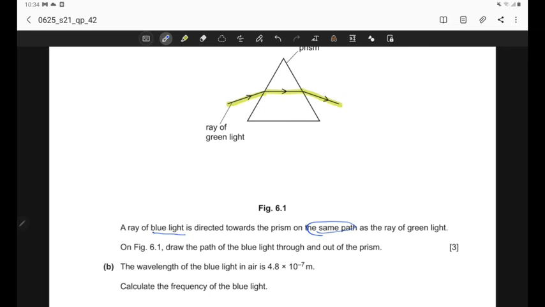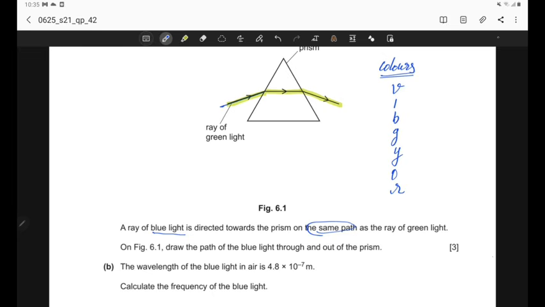The ray of blue light is initially passing in the same path as the ray of green light, but we can check how much the blue light will refract or deviate from its path compared to the green light. For that we can look at different colors and how they deviate. So we can consider the colors in VIBGYOR. So I am writing the colors in order: violet, indigo, blue, green, yellow, orange, red.